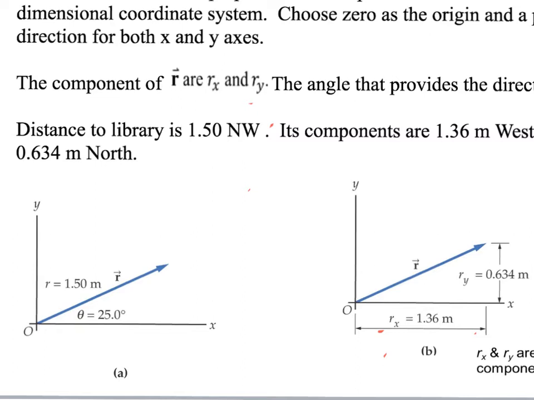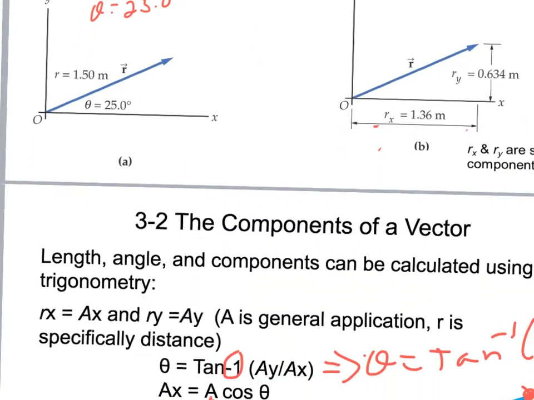So here we have our value of r equals 1.5 meters, and our theta equals 25 degrees. Our equations to calculate the components, to figure out what the components are, are on this sheet here.